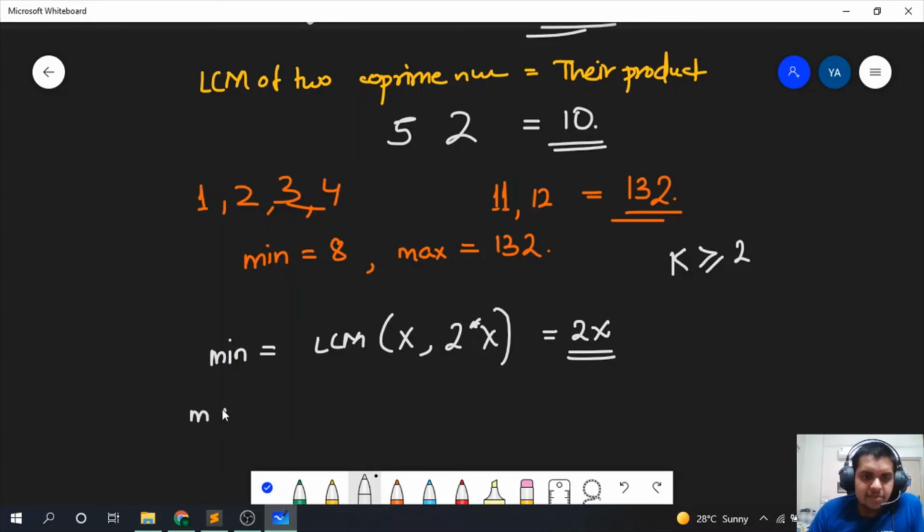And the maximum LCM is the product of the two maximum numbers. The maximum number is x times k, and the second is x times k minus 1.